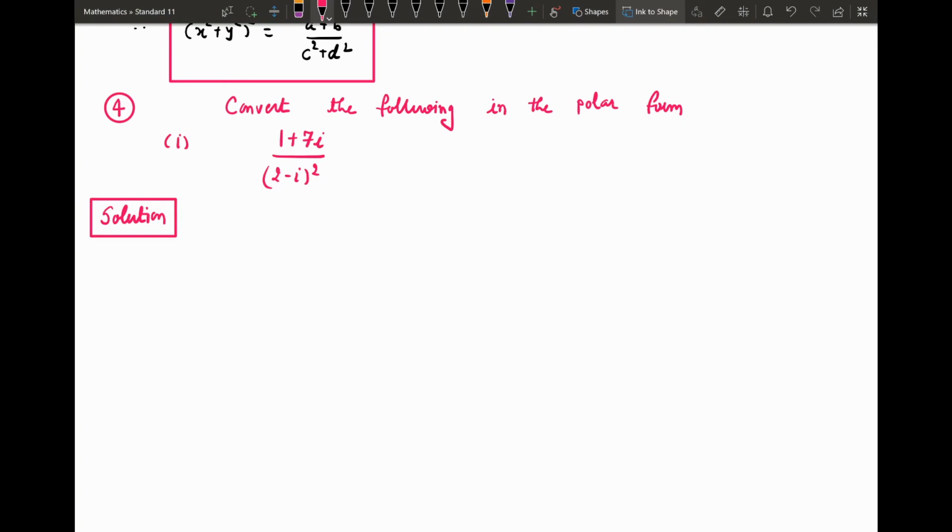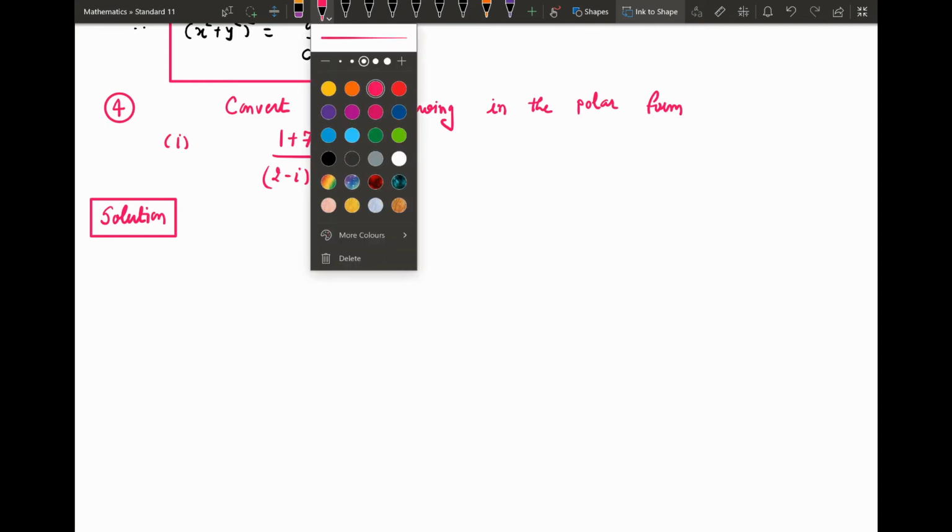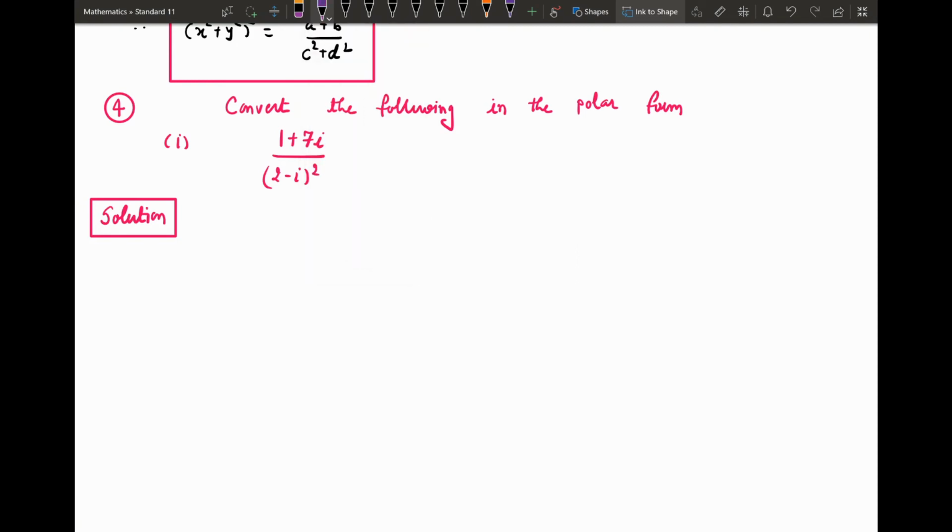So to convert into the polar form, in step 1 first we will reduce it into a plus ib form. In 2 steps we will solve the problem. Step 1, reduce into a plus ib form, and step 2 we will obtain the polar form.